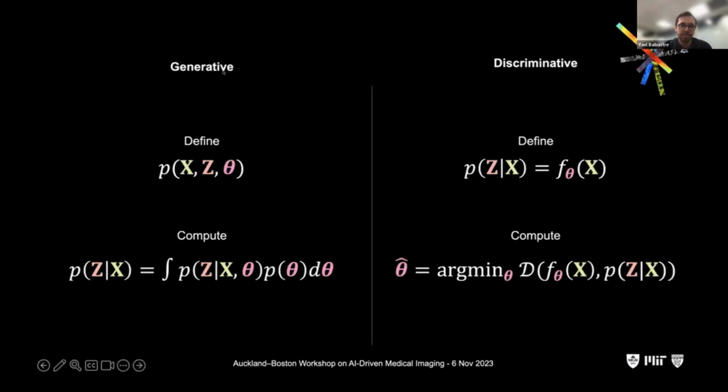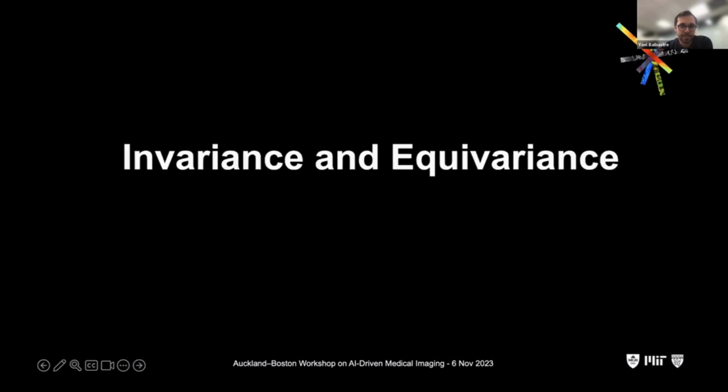If we compare these two families of methods, in the generative one, we define the joint distribution, and we compute the posterior from it. In discriminative methods, we define an approximate posterior using a family of functions, and then we just compute the weights that make it look as close as possible to the true posterior.